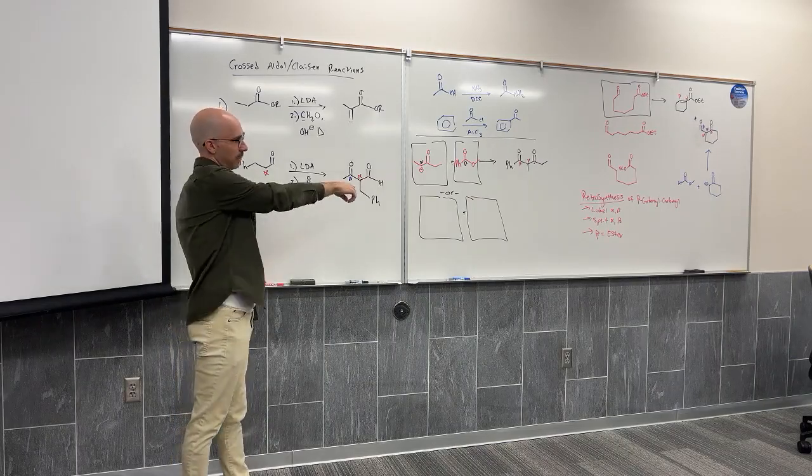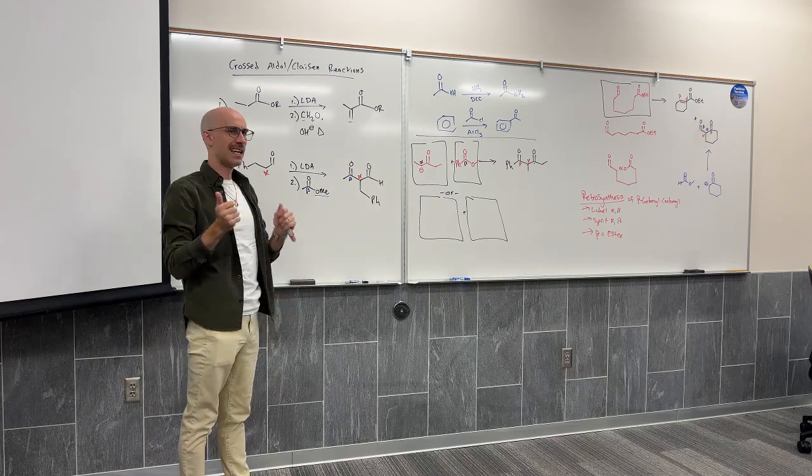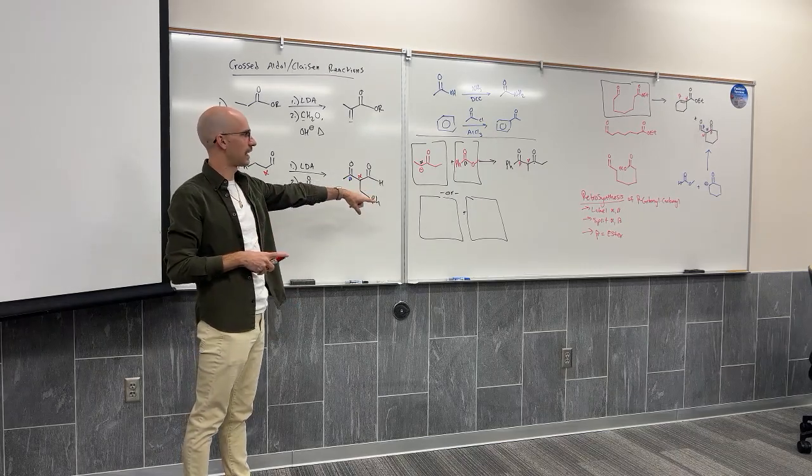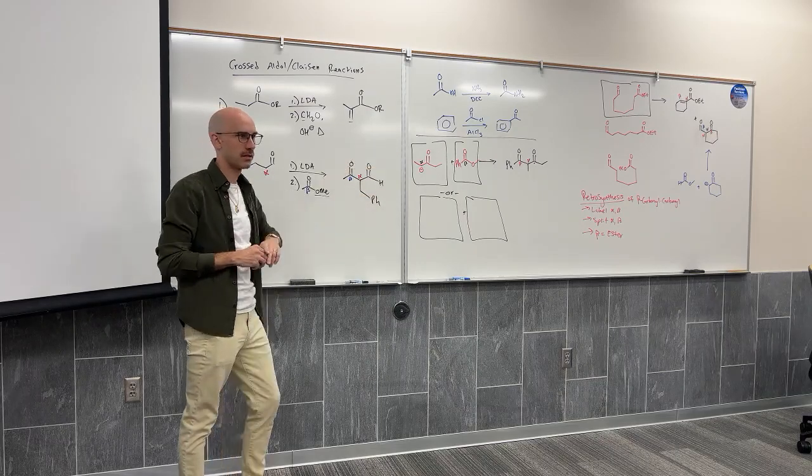Let's come back and apply some of this information about how you do alpha-beta splitting in the retrosynthesis to find the other set of compounds that could make this product.